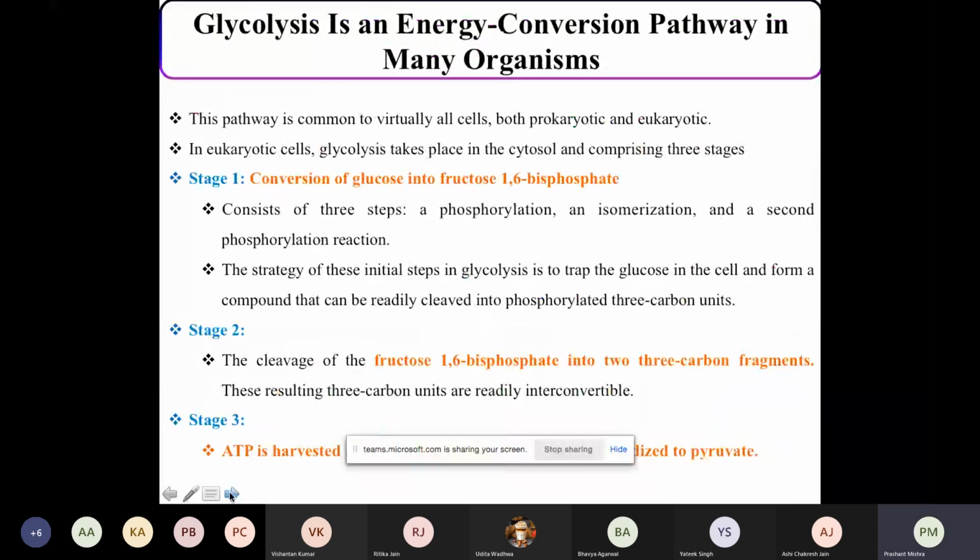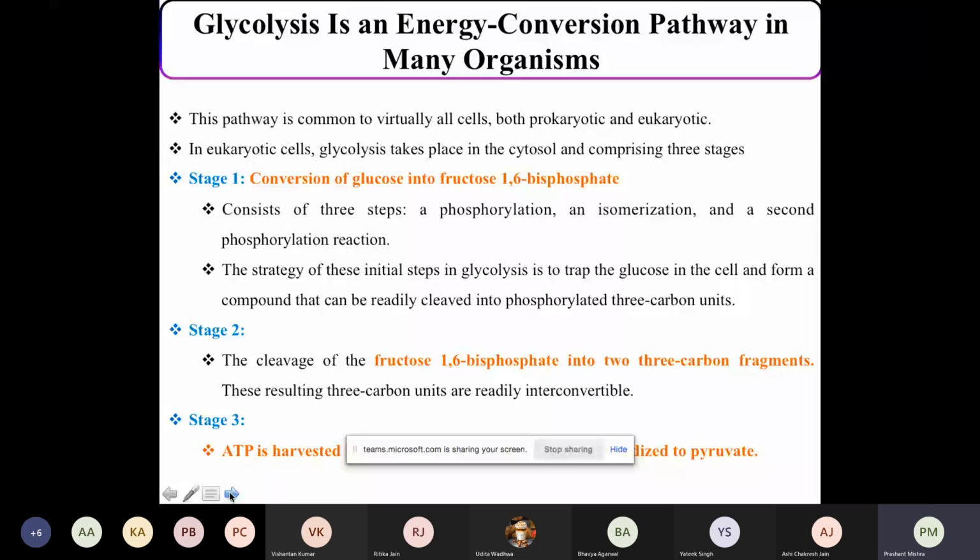Okay, so glycolysis is basically an energy conversion pathway in many organisms, and this pathway is common virtually in all cells, in prokaryotic cells and in eukaryotic cells. Now the question is, where do these reactions of glycolysis happen?